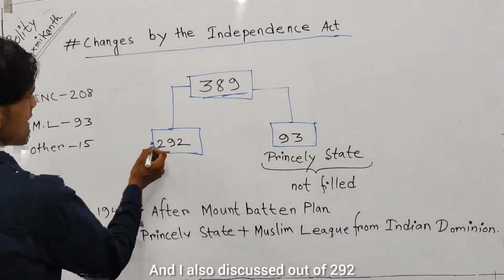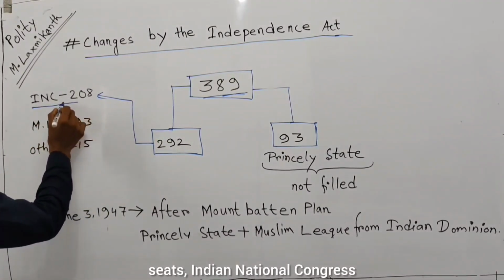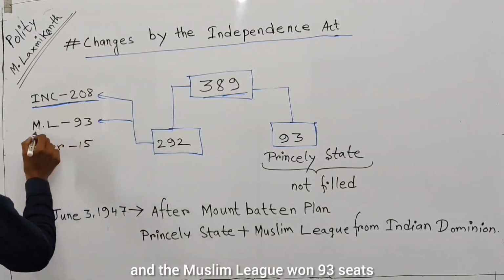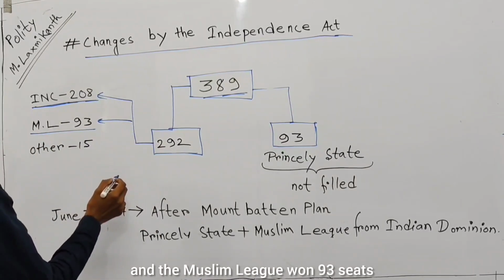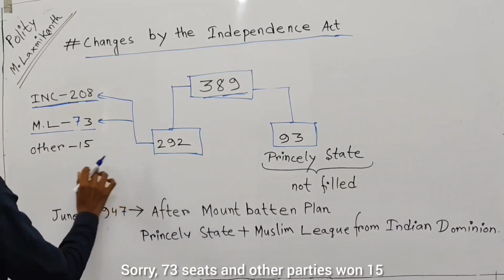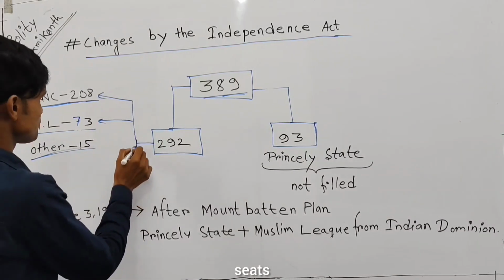I also discussed that out of 292 seats, the Indian National Congress, or INC, won 208 seats, the Muslim League won 73 seats, and other parties won 15 seats.